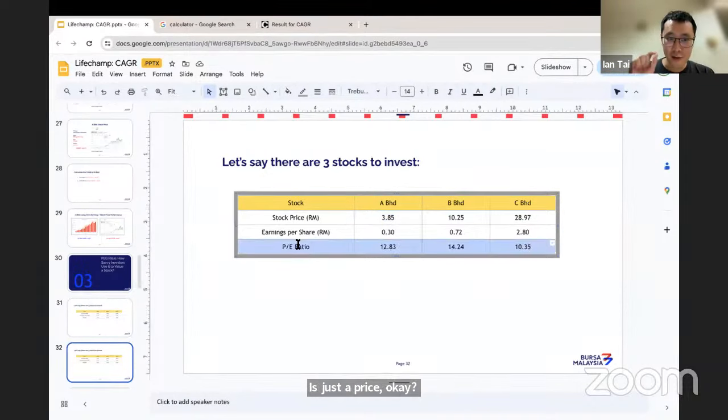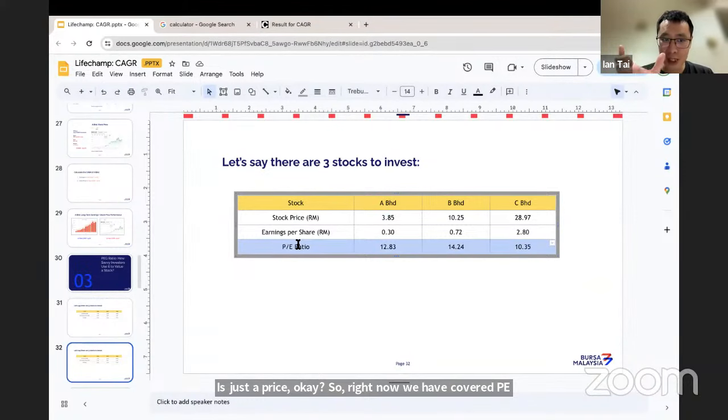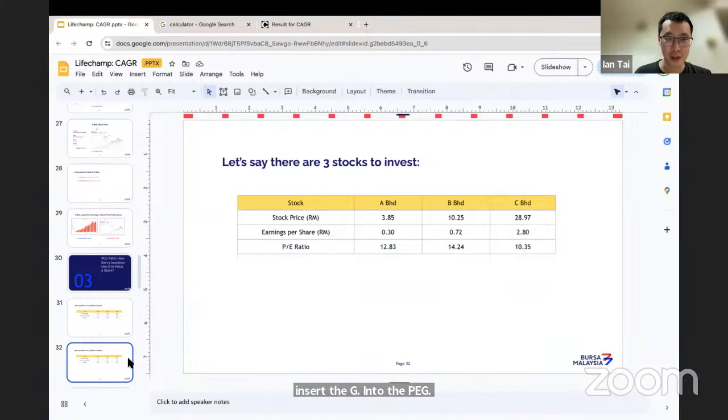So right now we have covered PE ratio, the PE part of PEG. Next, with the PE ratio, we are going to insert the G into the PEG ratio. Here's how it works.